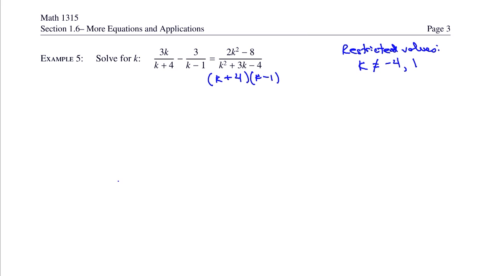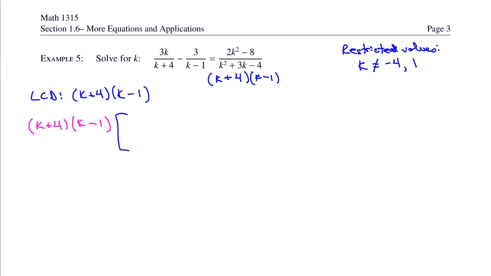Alright, to solve this we need to compute the least common denominator. Of course that's going to be k plus 4 times k minus 1. And then we will multiply both sides of the equation by k plus 4 times k minus 1.